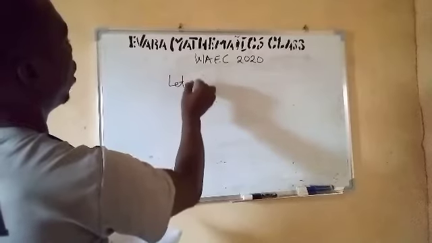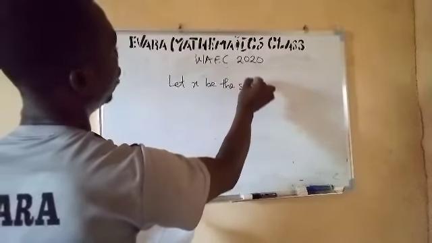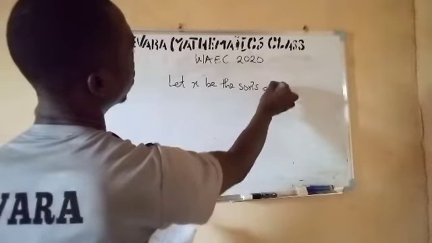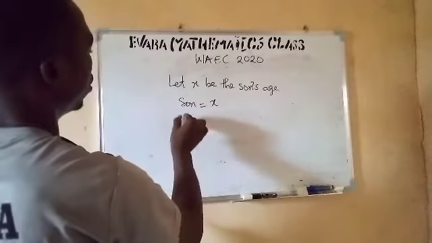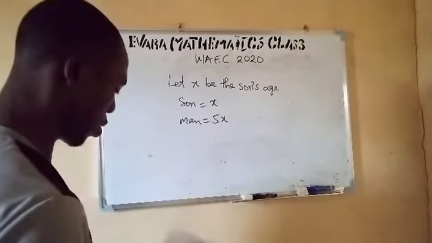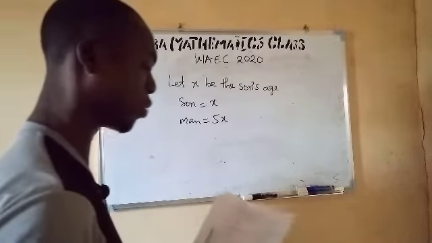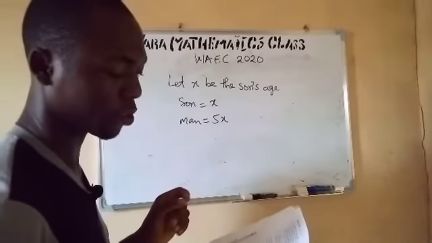We will let x be the son's age. So if the son is x, then the man will be 5x, since the man is 5 times as old as the son.